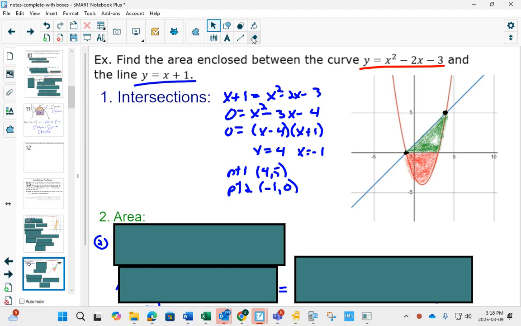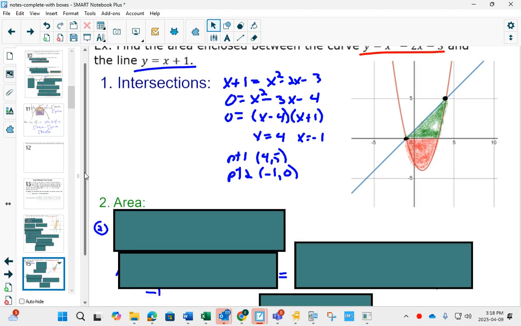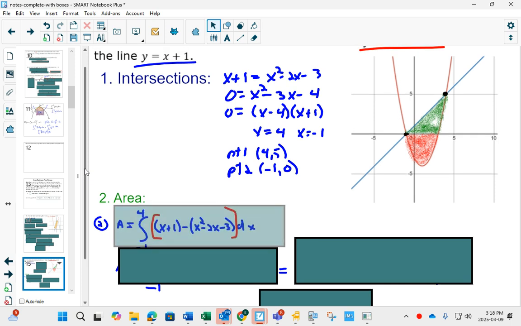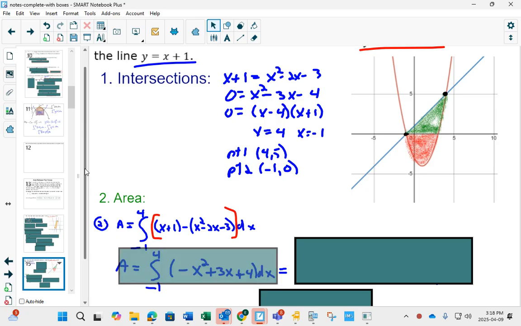No. It would be good enough just to know the x coordinates. Because then we can set up our integral, and we notice that the blue one's on top, so it's the x plus 1 minus, and we can simplify that.